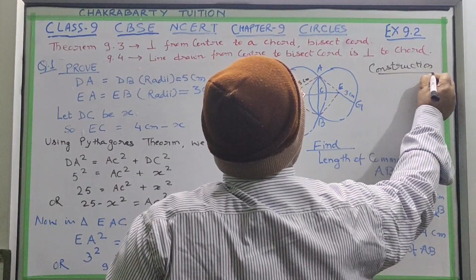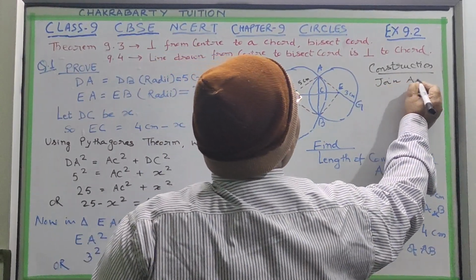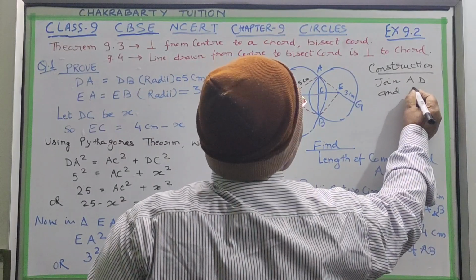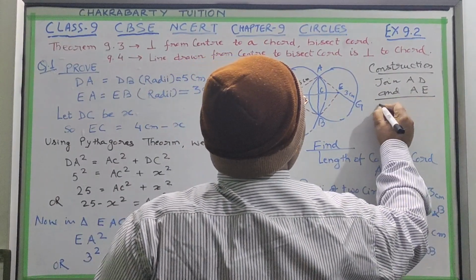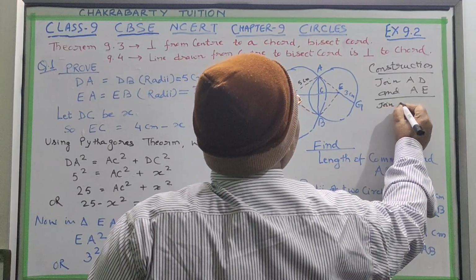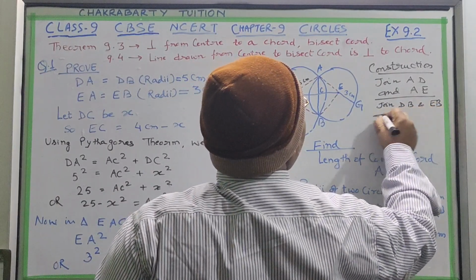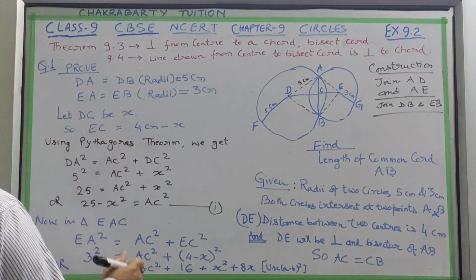Construction means join AD and AE. This you have to join, and join DB and EB. These constructions you have done. By red I have done it. So dotted lines are constructions.